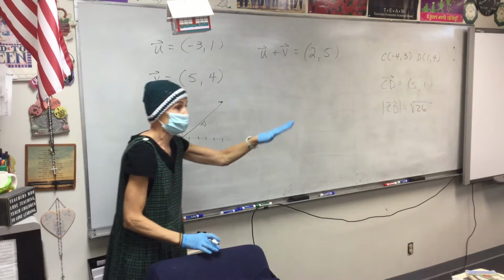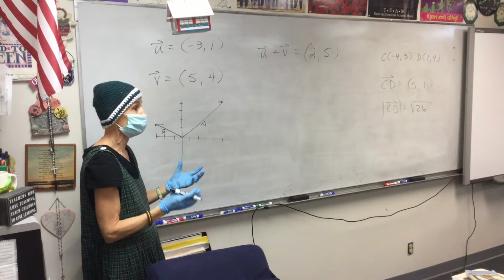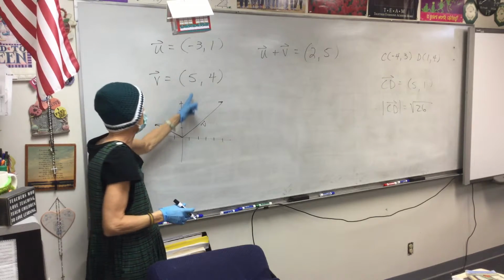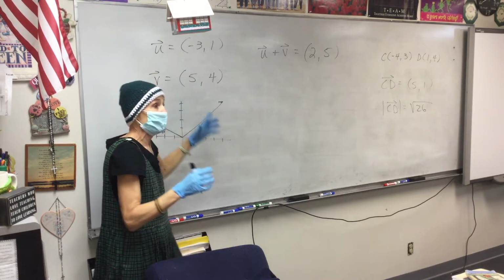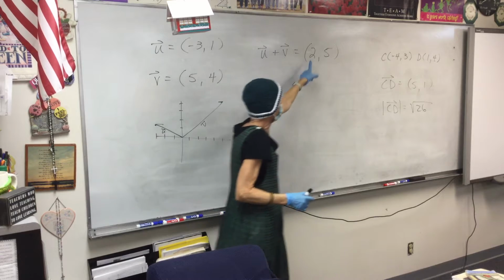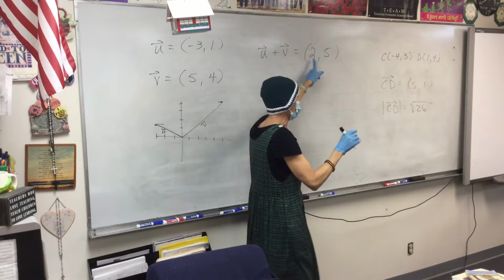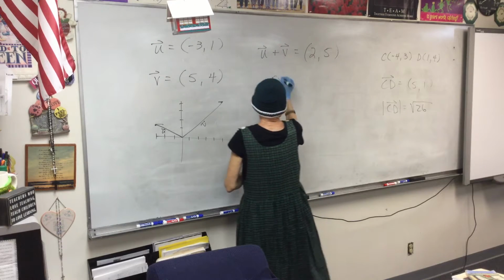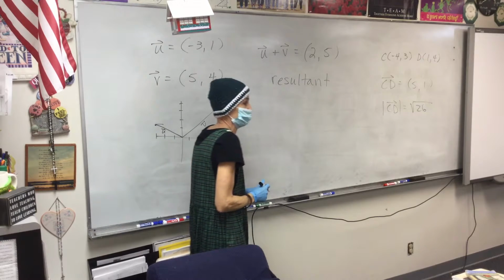It makes perfect sense. You want to add them together? You want to know what the total movement of this is, these two vectors put together? If this one goes back 3 and this one goes forward 5, then the result of that would be forward 2. Does that make sense? And in fact, the sum of two vectors has a special name. It's called the resultant.